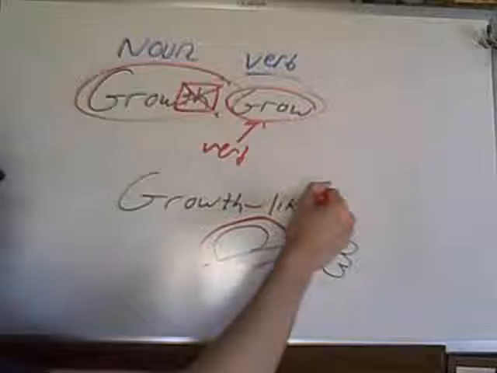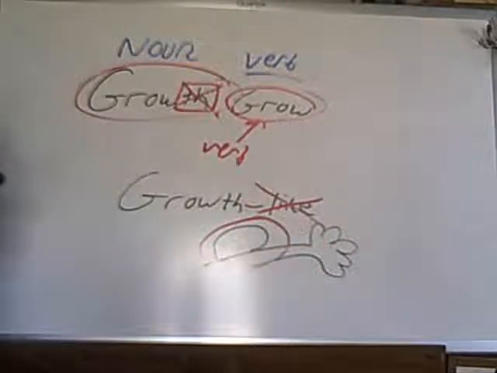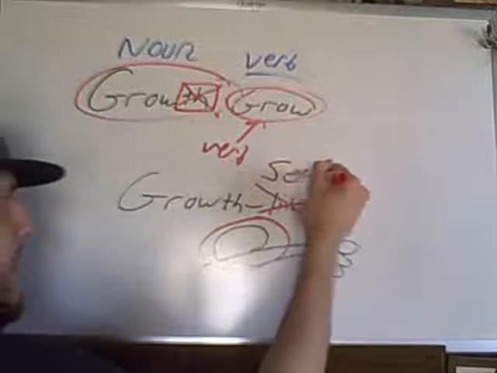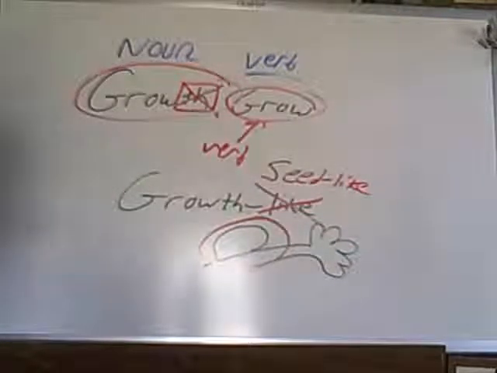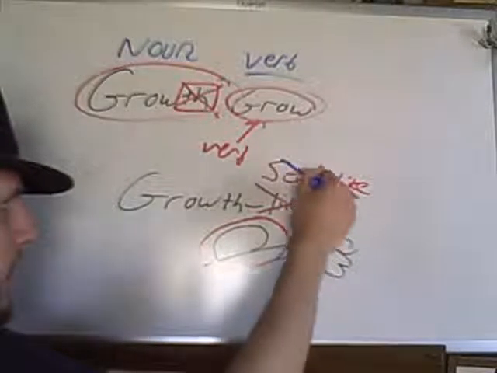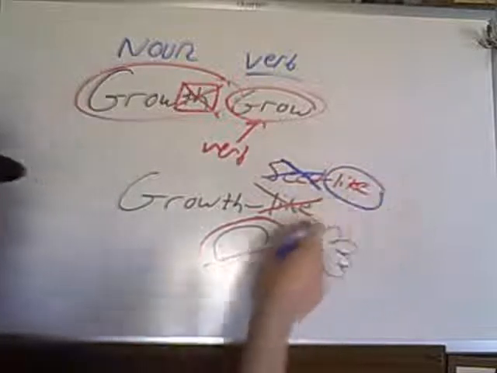So this "like" is no longer needed, because earlier when we said "seed-like," the thing was, whatever object we were discussing was not a seed. It was only like a seed, similar to one.